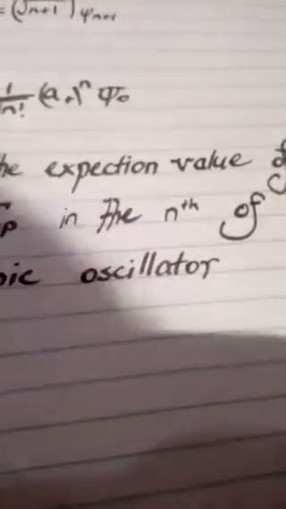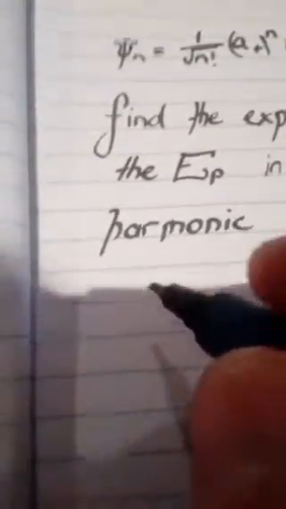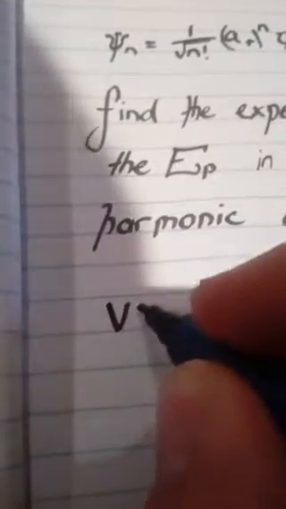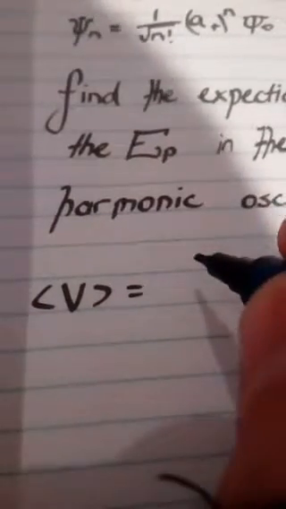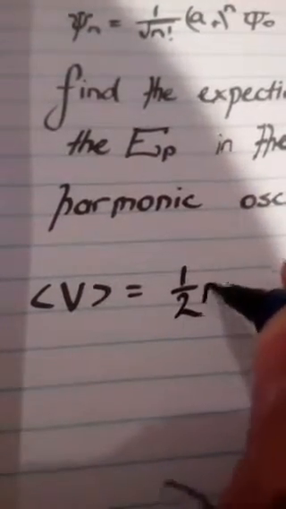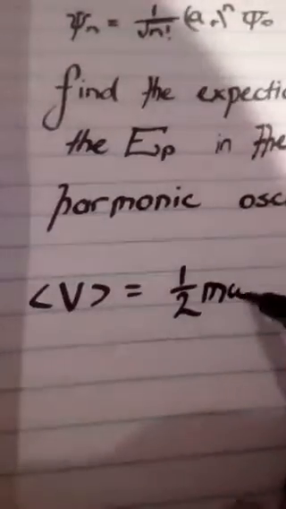Okay, so this is how we do it. We say that the average, which is here the expectation value of the potential, that's why we put these arrows, because it's expectation value, equals the expectation value of half m omega squared x squared, we've done this equation before.